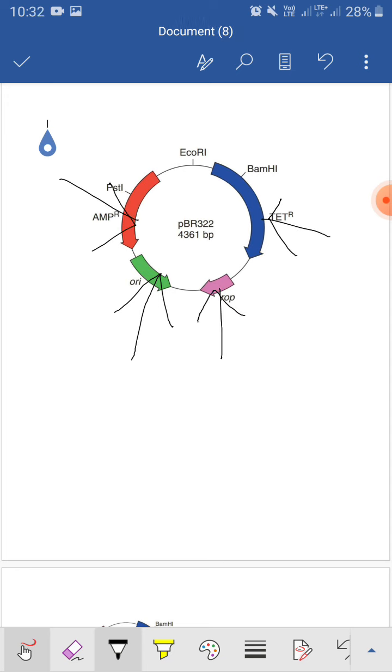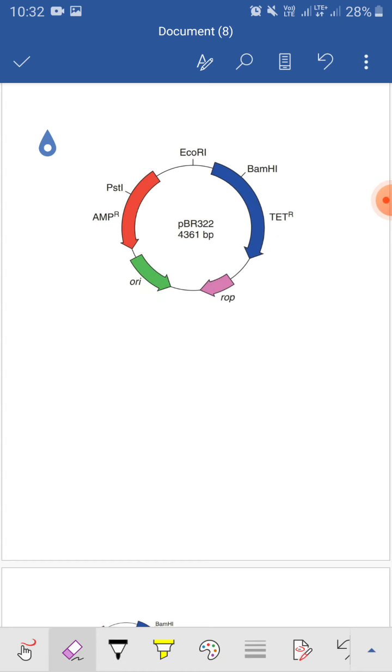an ampicillin resistance gene. These tetracycline resistance and ampicillin resistance genes have the cutting sites for various restriction endonucleases. As you can see, PstI is present in the ampicillin resistance gene, and BamHI is present in the tetracycline resistance gene.